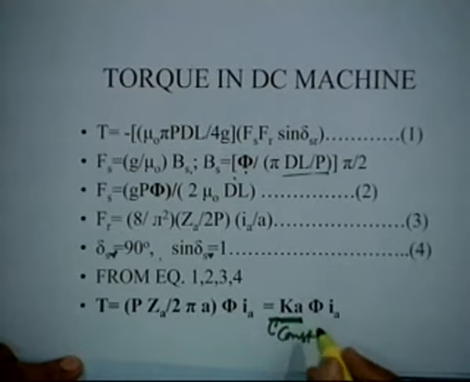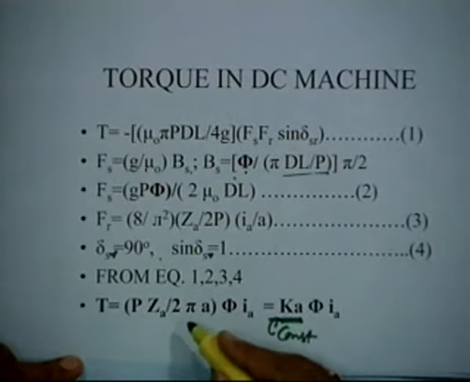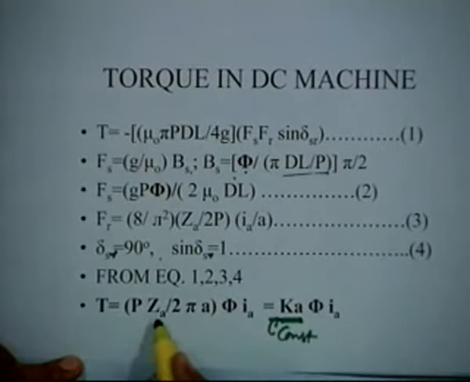And this constant, you know, is the same as the voltage constant, P Za by 2 pi a. Why is it constant? Because these are all design parameters. Your poles in a machine are fixed. Za, the armature conductors occupying the periphery of the armature, is fixed, and 2 pi is of course a constant, and A is the number of parallel paths through which the armature windings are wound. So these are all design constants.